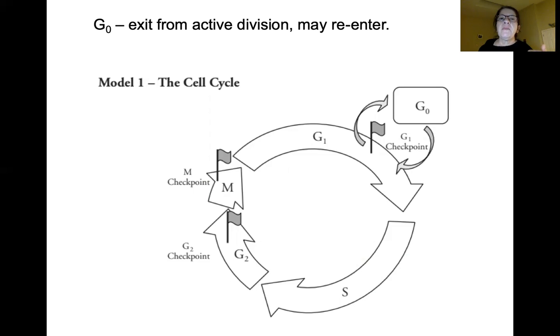It's a phase in which the cells are withdrawn from active division. Often a cell in G0 can re-enter the cell cycle if it receives the right signal that it needs to grow and divide. It'll go from G0 back to G1. But if it goes from G1 to G0, in G0 that cell is not dividing. It's not going to be undergoing S phase. It's not going to be undergoing G2 or mitosis.